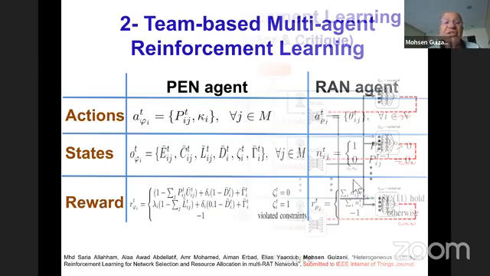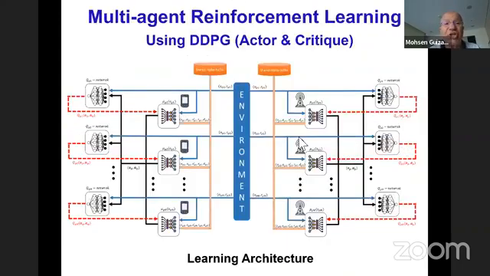So the situation, as I mentioned earlier, is somewhat complex. In the learning architecture, you have a complex learning architecture where you have learning at the agent network and at the network itself.